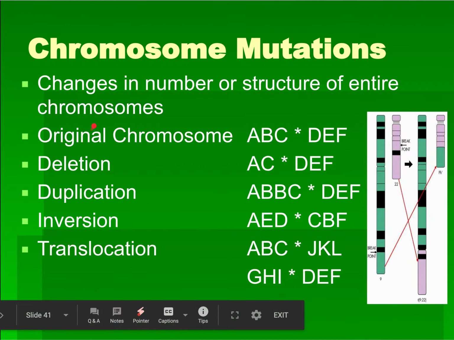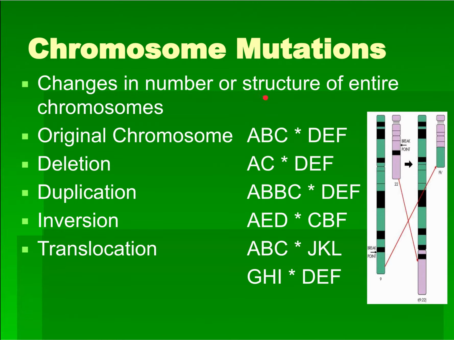Now, chromosomal mutations, there's going to be a change in the number or the structure of the entire chromosome, not just a segment of a gene, not one nucleotide, not even one codon for that matter, right? But the entire chromosome. Now, you're gonna have to follow me here.